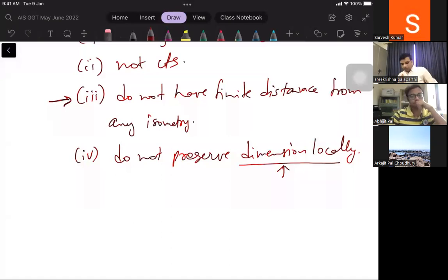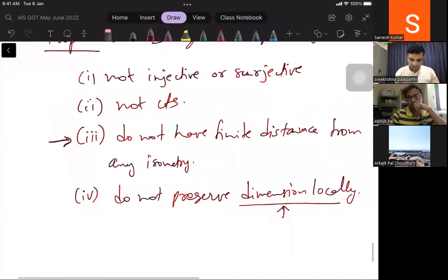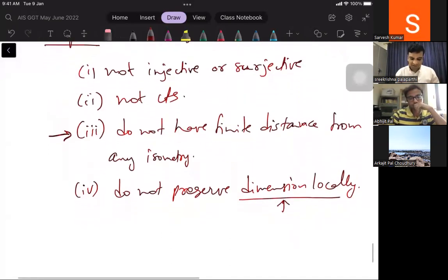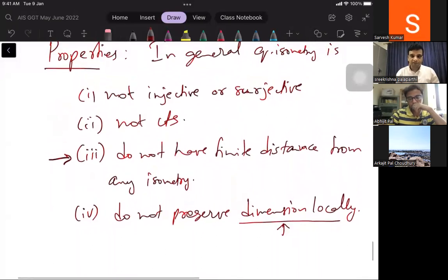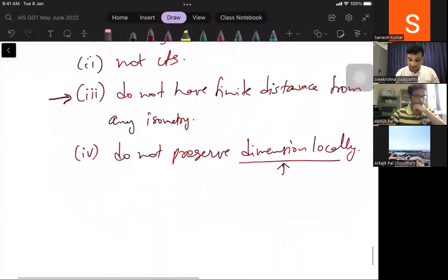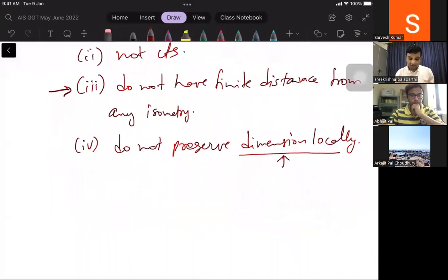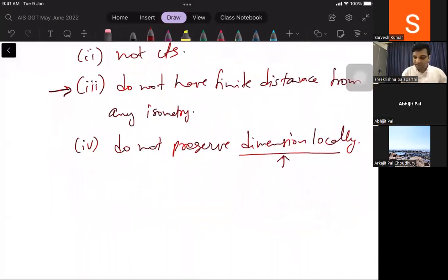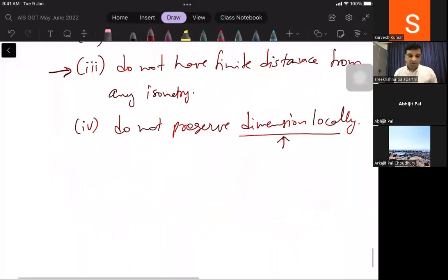So the point of these properties is to say that these quasi-isometries can be quite crazy. However, there is a certain control over this craziness in some sense, in the sense of the lemma that we are going to see. But firstly, we will have the following proposition.